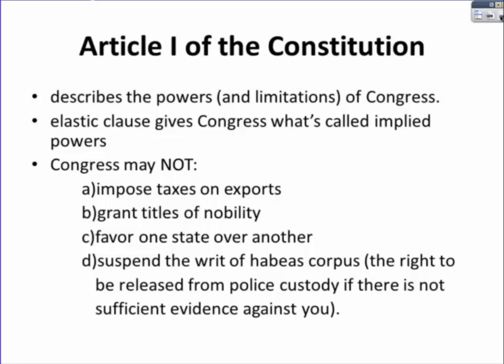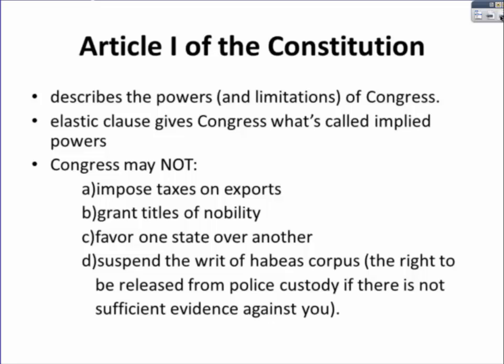They cannot impose taxes on exports, because remember, at the Constitutional Convention, the northern industrial states wanted high import tariffs, and the southern agricultural cash crop states wanted no export tariffs, so that their cotton and tobacco would be attractive to European purchasers. You cannot grant titles of nobility, so everyone is to be treated equally under the law. You cannot favor one state over another.